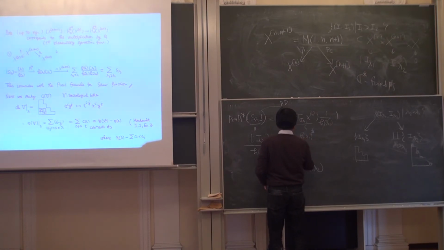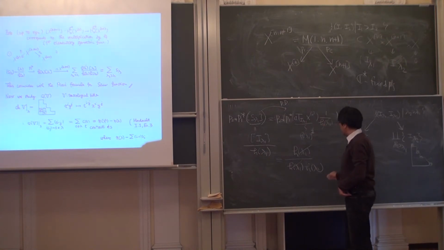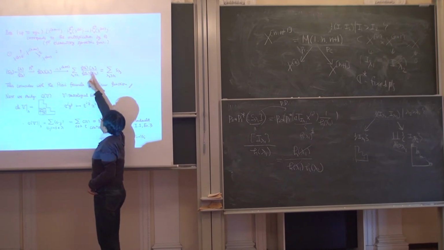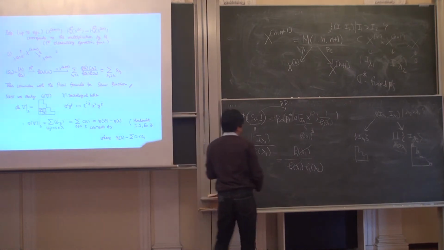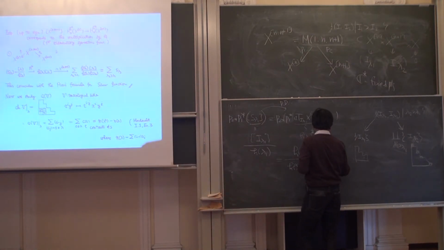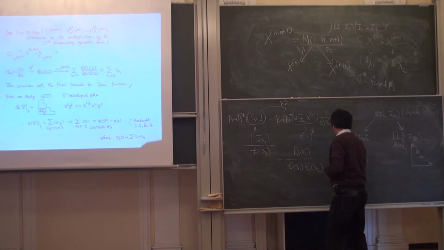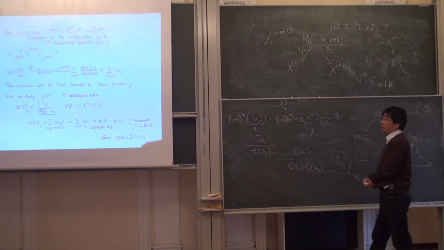You still have h lambda 1 here, and I have this cancellation. And I then get this h lambda 2 over the h lambda 2 over I of lambda 2. So then this is just by my definition, up to sign, S of lambda 2, the symmetric Schur function for lambda 2.